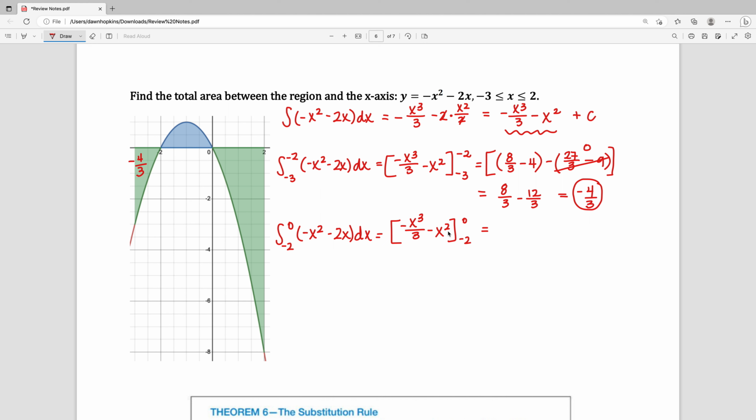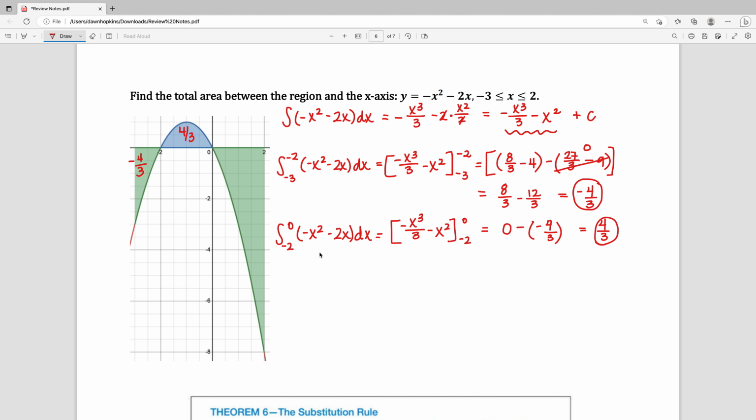So it's just going to be 0. Minus, when you plug in the -2 for x, we already worked that out. We know that that's going to be -4/3, so you have 0 minus -4/3. That should be a 4, and that's going to be a positive 4/3. So the blue area here is positive 4/3.